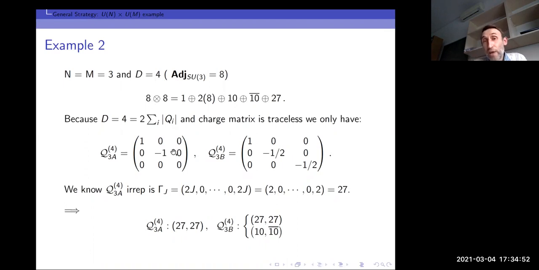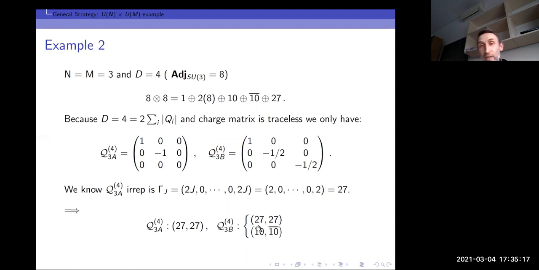And you start to write all possible charge matrices, charge configurations you can write. And by doing this identification, you can always set up a map, an identification between charge configuration and the possible representations it can correspond to.